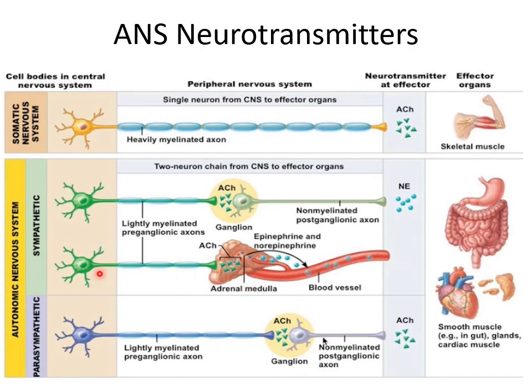This is the alternative that I mentioned earlier, where the preganglionic sympathetic neuron synapses with the adrenal medulla and releases acetylcholine to have the adrenal medulla release primarily epinephrine into the bloodstream.